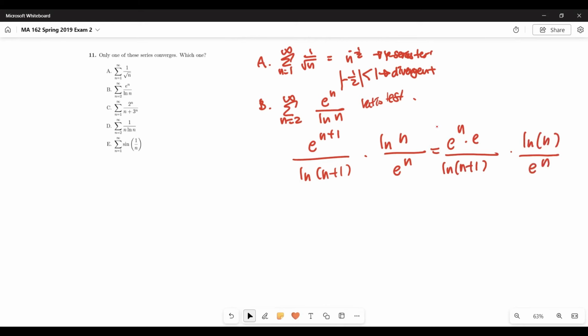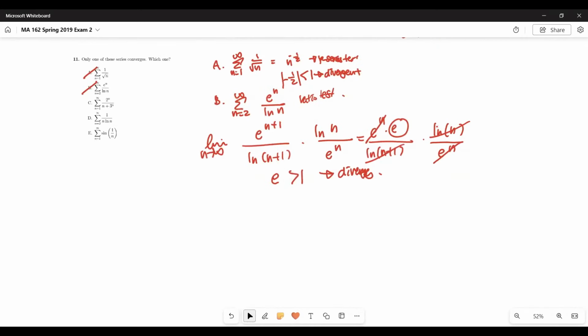If you multiply those together, the ln terms will cancel out eventually as the limit goes to infinity, and e to the n will be cancelled out, and there will be just e left, right? Since the e value is greater than 1, this is actually divergence. So A and B are not right.